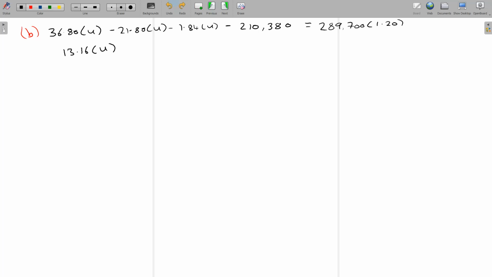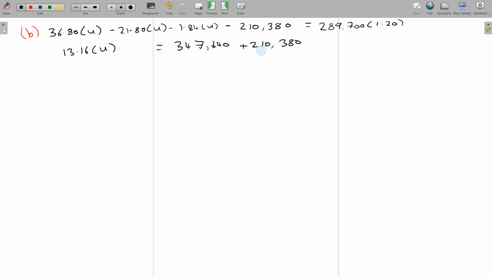So 289,700 by 120% is 347,640. If I'm bringing that over to the other side, I'd have to add that amount on each side.